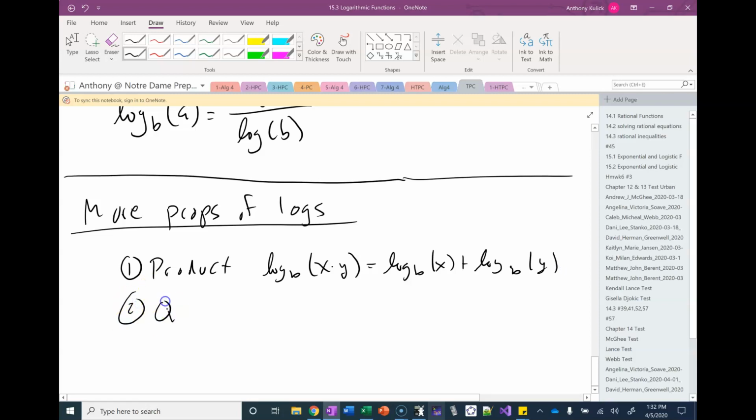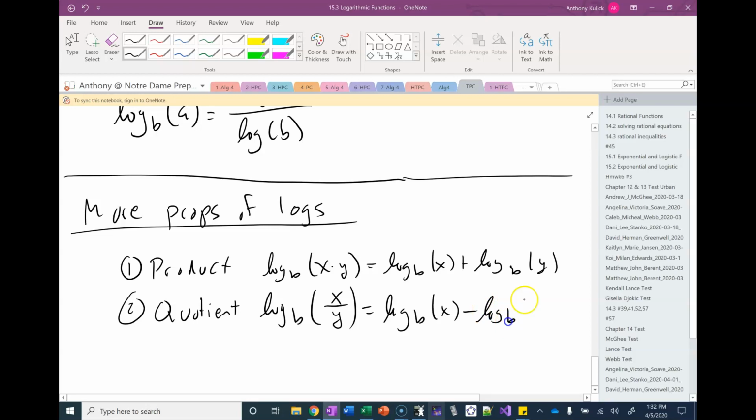The next one is the quotient property. It says log base b of x over y, or x divided by y, is equal to log base b of x minus log base b of y. Notice the numerator is the positive part and the denominator is the negative part.